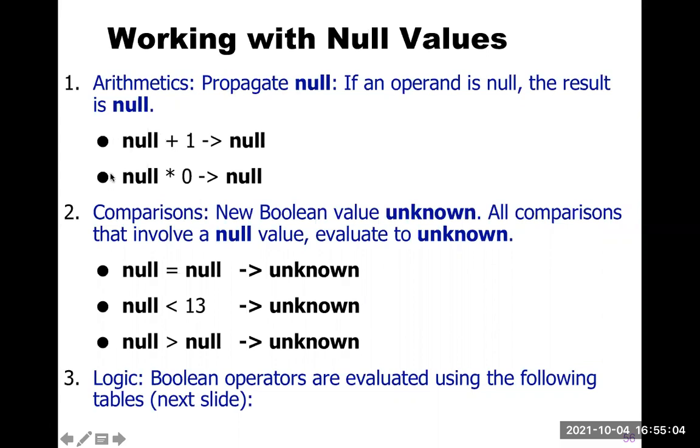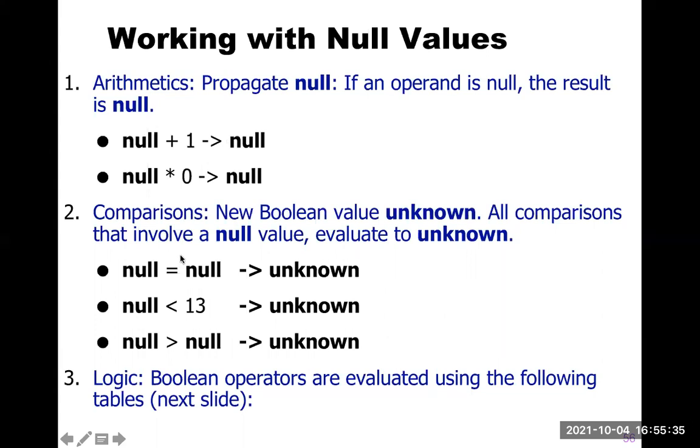If one of the operands in an arithmetic operation is null, the result is null. So unknown plus 1 is still unknown. Unknown multiplied by something is still unknown. And even multiplied by 0. I may expect that I can multiply anything by 0 and the result would be 0. But no, null is stronger. If an operand is null, the result is null.